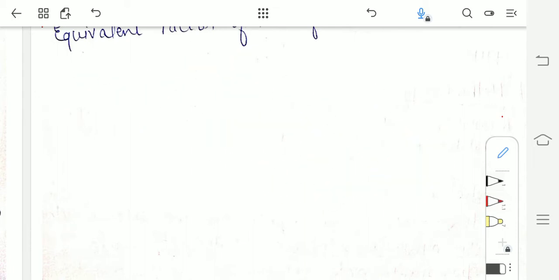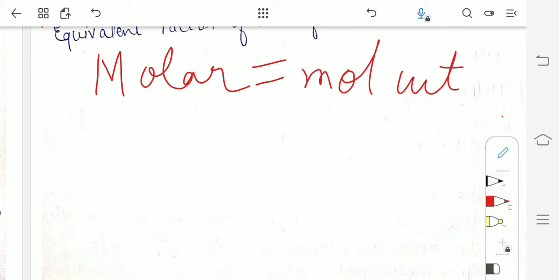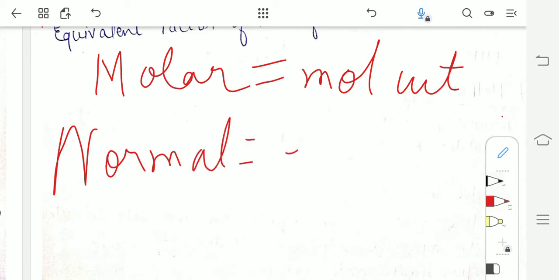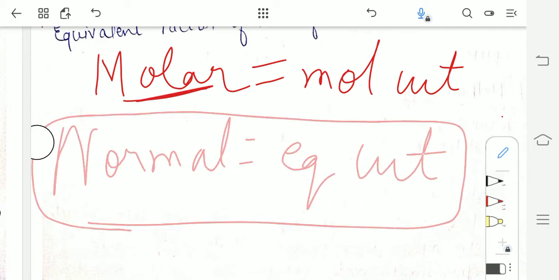Whenever we have to prepare molar solutions, we always see the molecular weight of our compound. Whenever we have to prepare normal solutions, we see the equivalent weight. Now this equivalent weight we will see in a few minutes. Firstly we will talk about molar solutions.